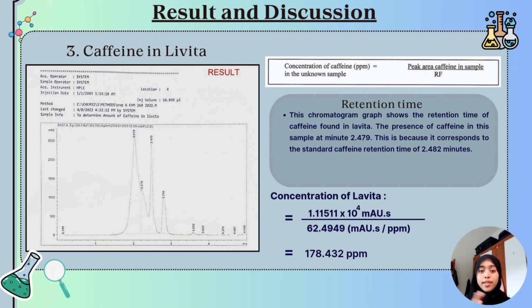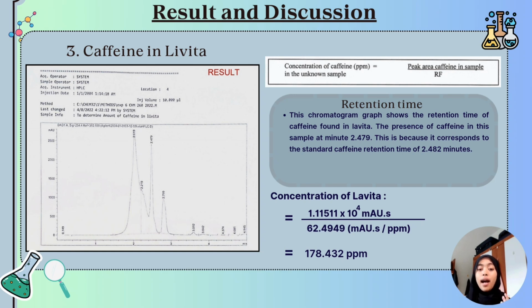Then we use this formula to find the concentration of caffeine in Lavita: 1.1151 times 10 to the power of 4 mAU times s, which is the peak area in the sample, over 62.4949 mAU times s per ppm.